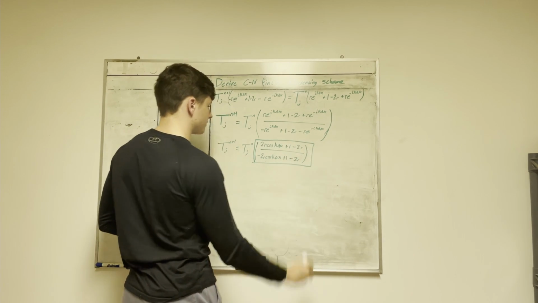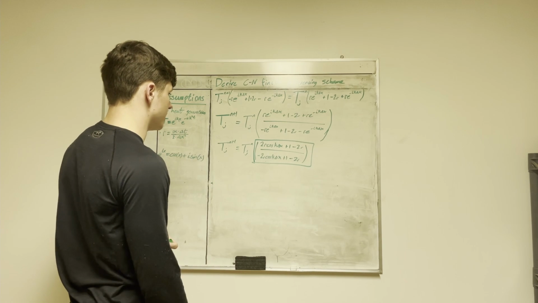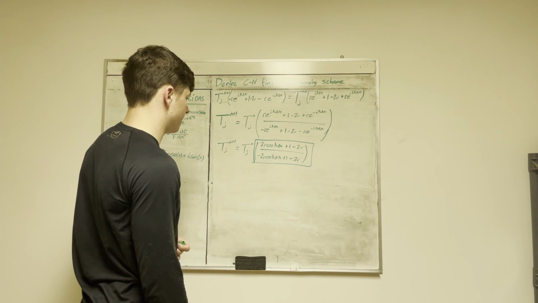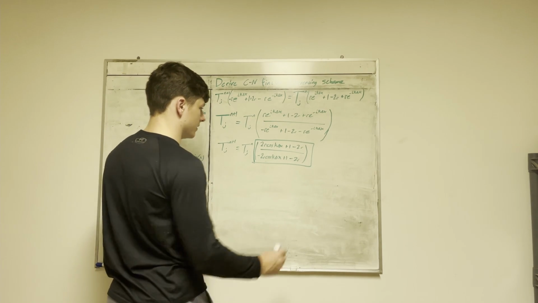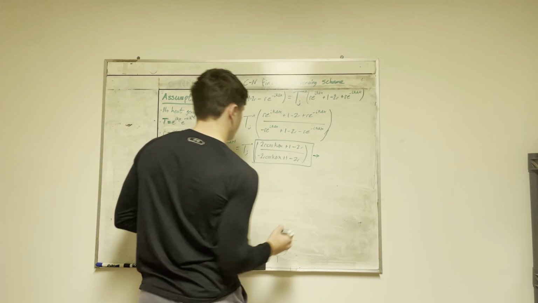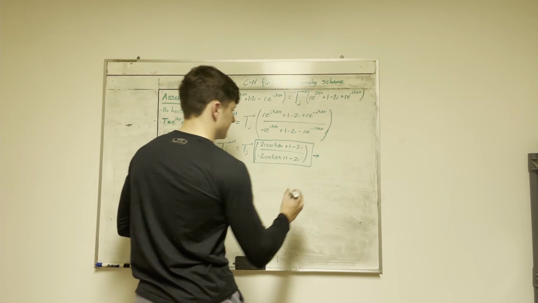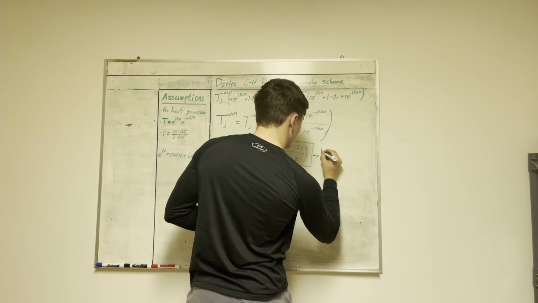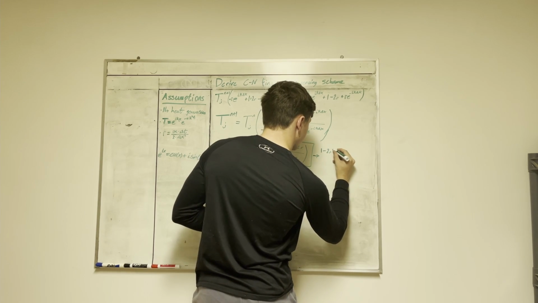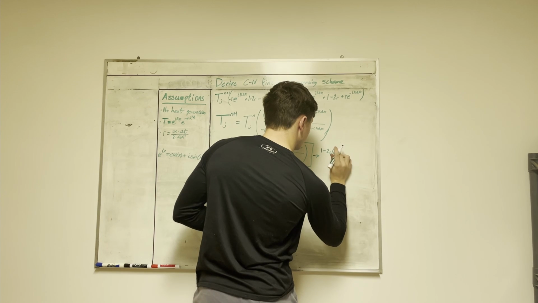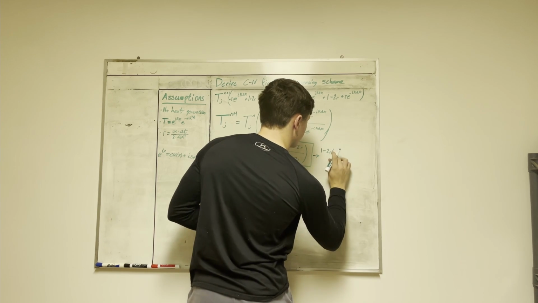All right, and so then we can factor things out with this, and we'll get, let's see, 1 minus 2r, let's see what that would be.